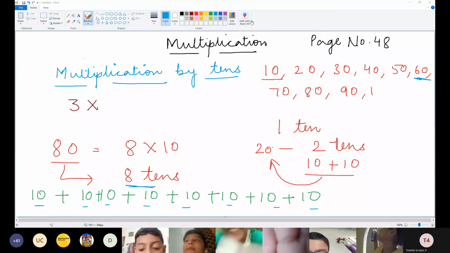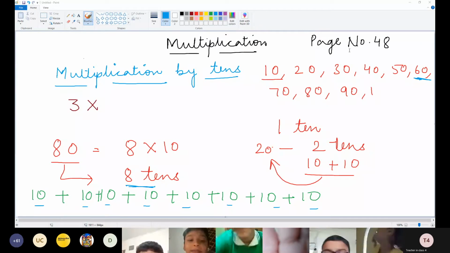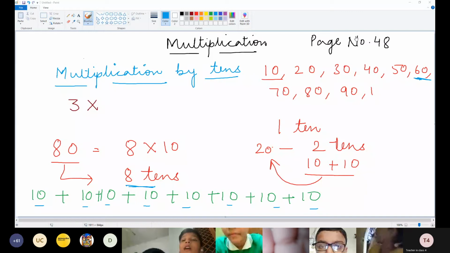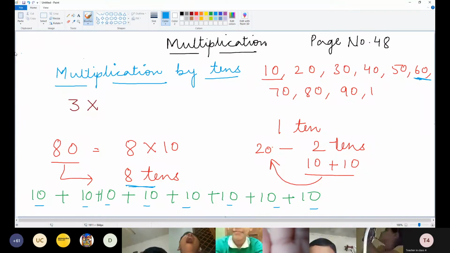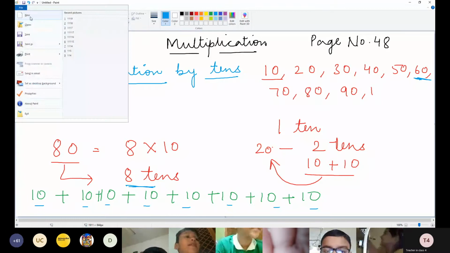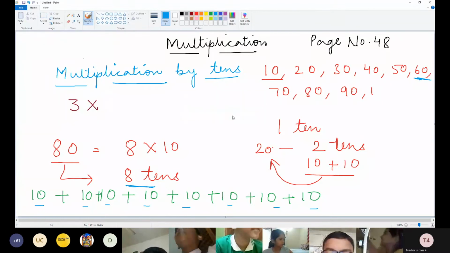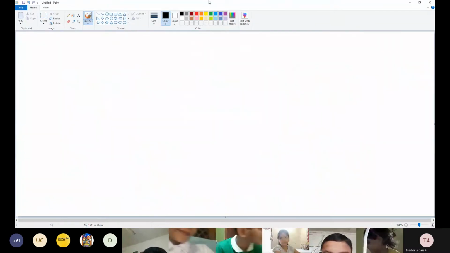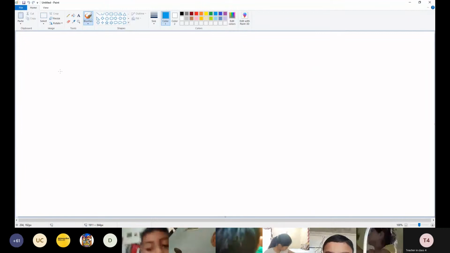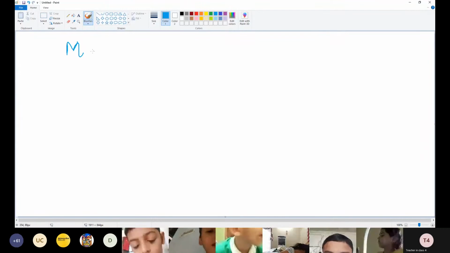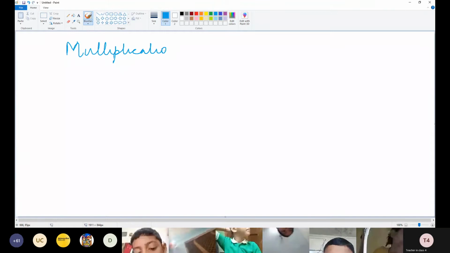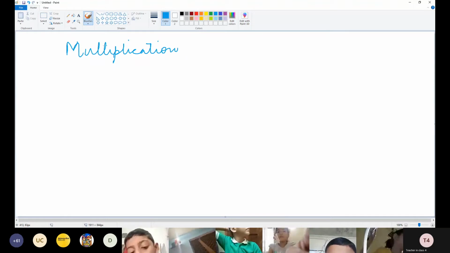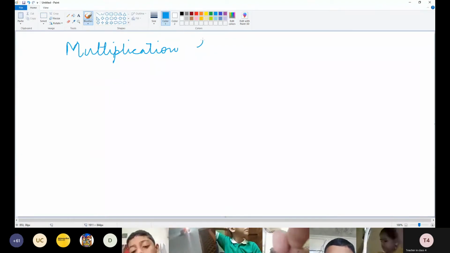Now, children, I will tell you what you have to write in your notebook. Multiplication by tens.